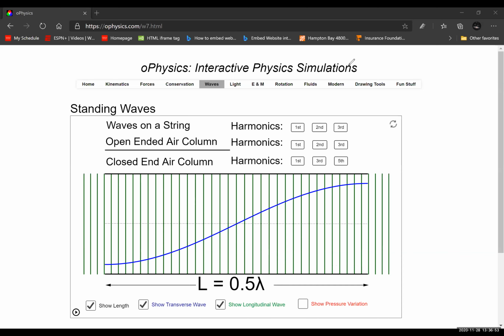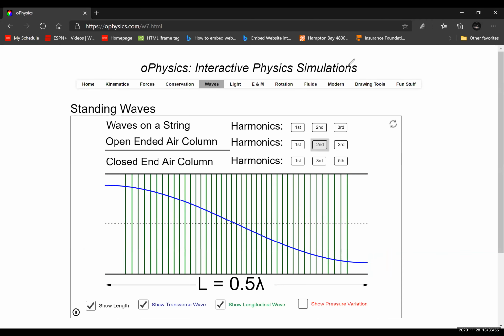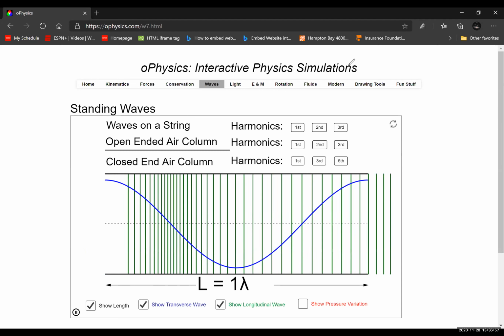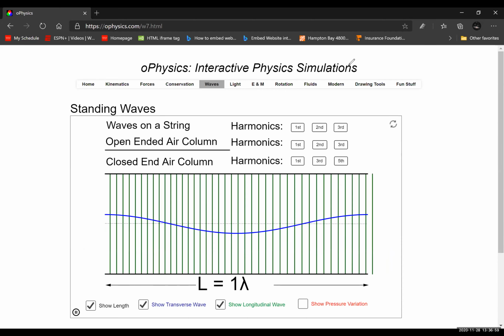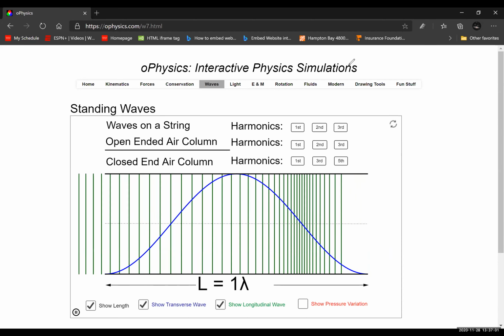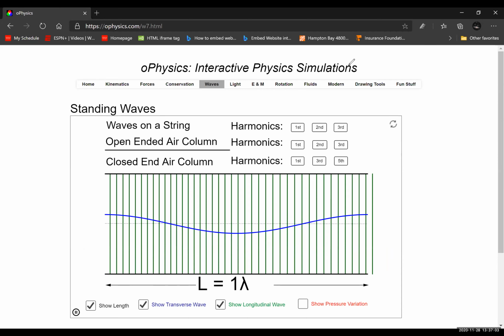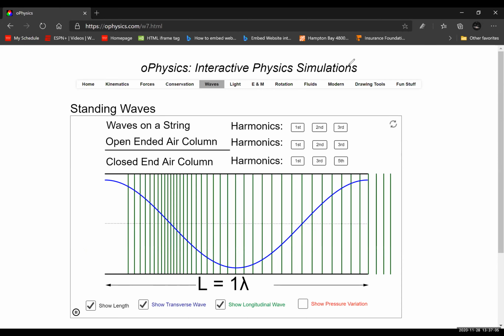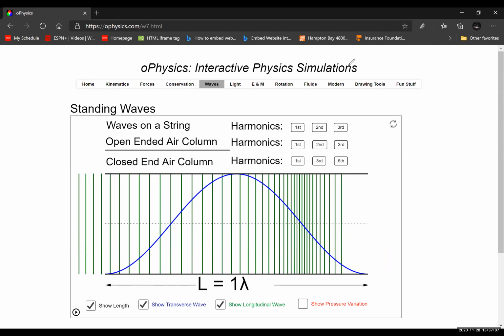Then if I go to the second one, this is what I get. Again, I have two antinodes at the ends and a node inside. So this is basically for n equals 2.